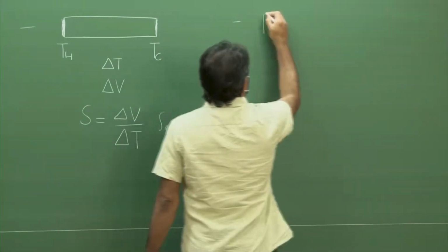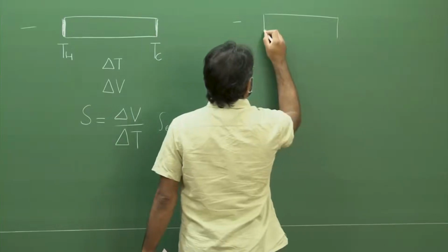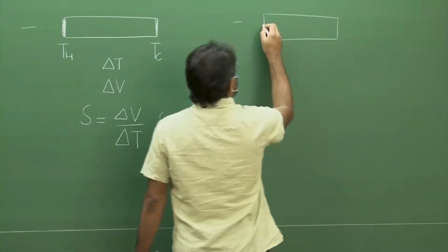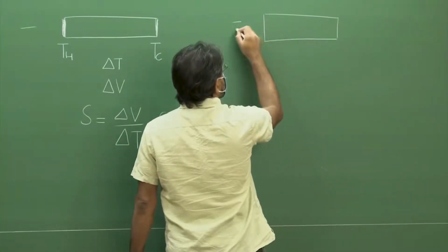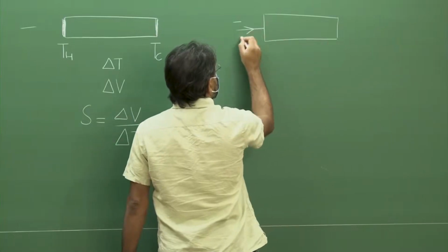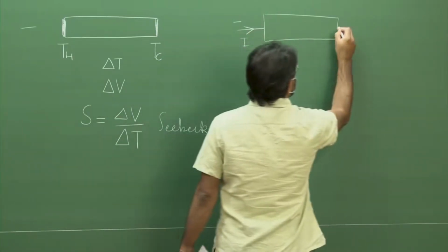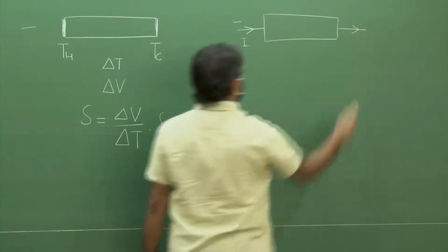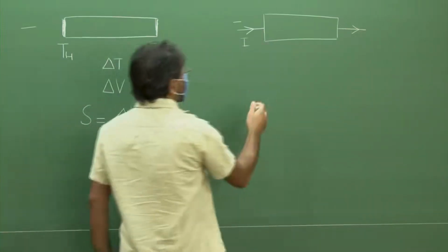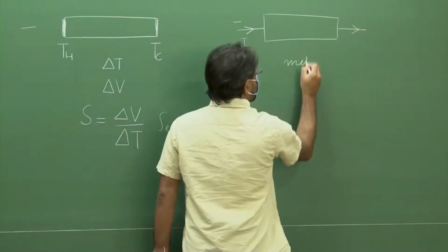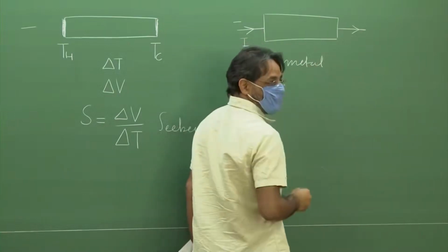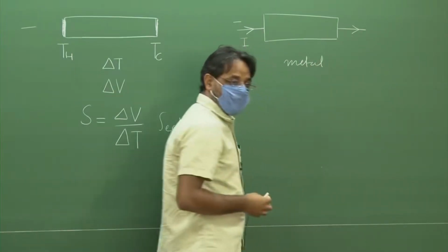So, the Peltier effect is the reverse of this. In the Peltier effect, what you do is you pass a certain current through the material. So, there is a current that you are driving through the material. And in this module, our material is always going to be, invariably going to be metals. And in metals, the charge carriers are electrons.